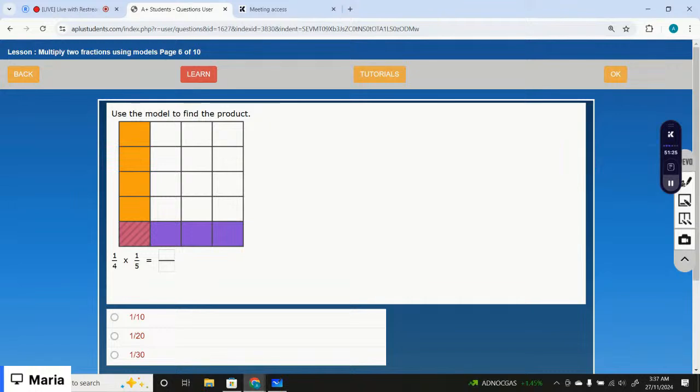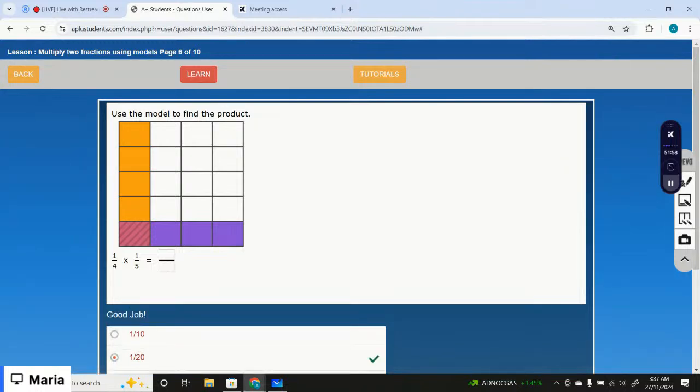1 by 4 times 1 by 5, which is the correct option? That is 1 over 20.